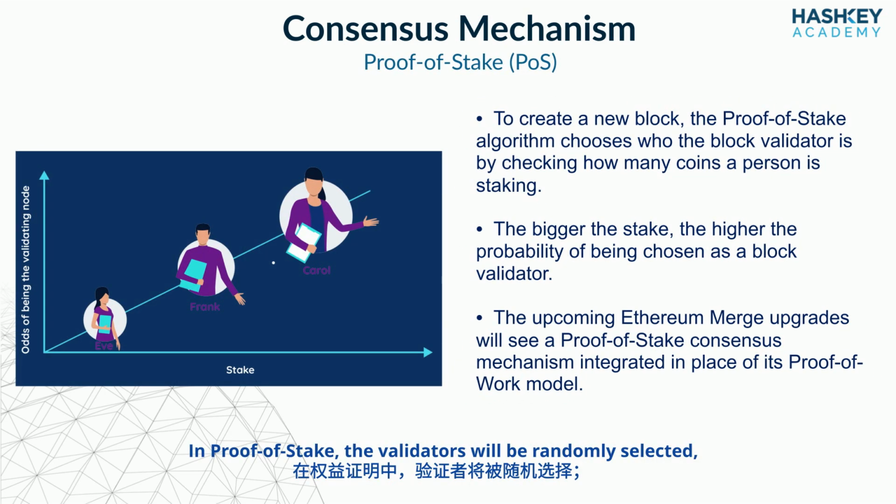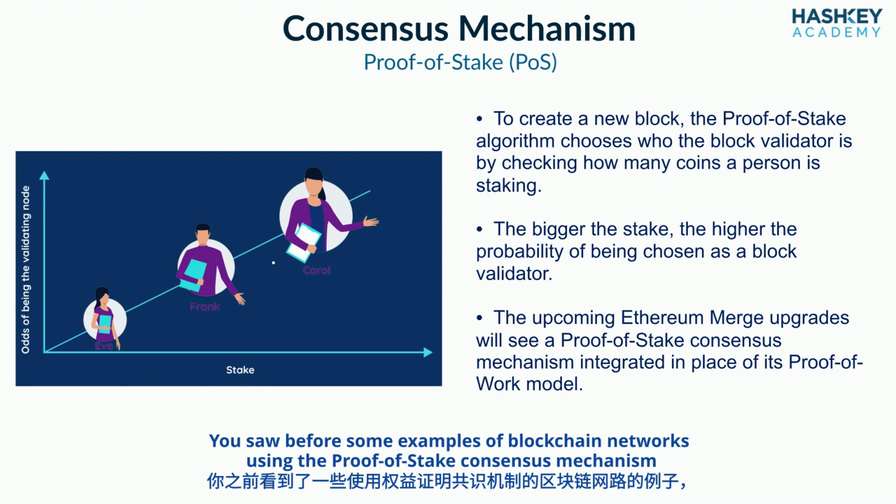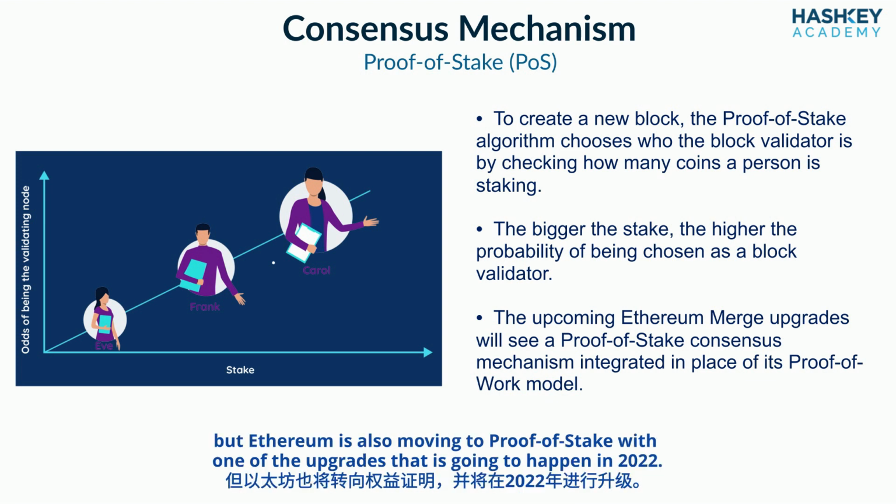In proof of stake, the validators will be randomly selected, but the likelihood of being selected will increase the bigger the stake is. You saw before some examples of blockchain networks using proof of stake consensus mechanism, but Ethereum is also moving to proof of stake with one of the upgrades that is going to happen in 2022.